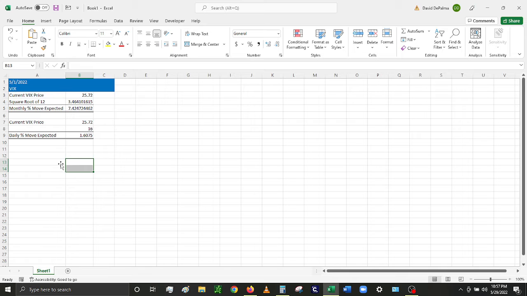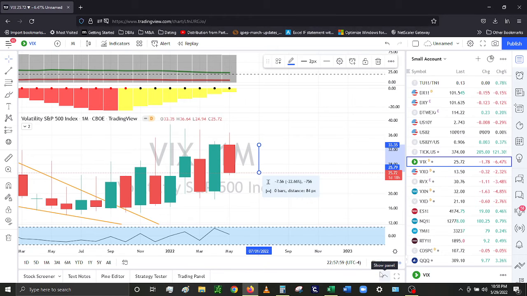Let's change this back. 33 down to 25. Interesting. 7.56 it's saying. I'm actually not familiar with this. It says minus 22.6%, but let's see. 25.72 is the current price divided by 33.35, which is open price, times 100.